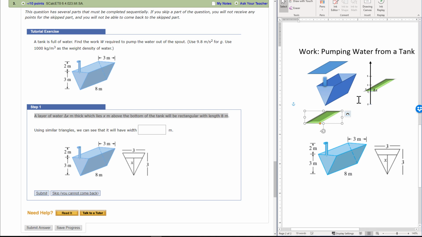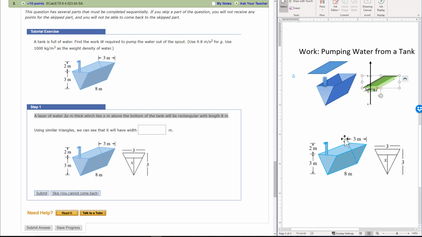Now, as you go up and down the tank, you'll see that the width of these things will change. So we want to figure out what the width is as dependent on the height. This is the relationship. It looks like it's a triangle that has base 3 and height 3.